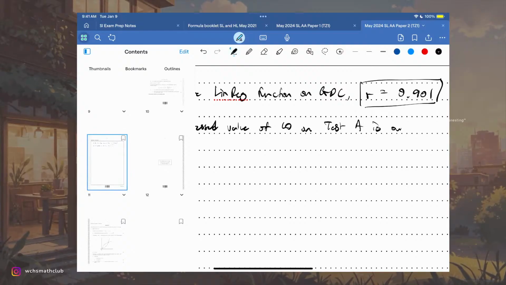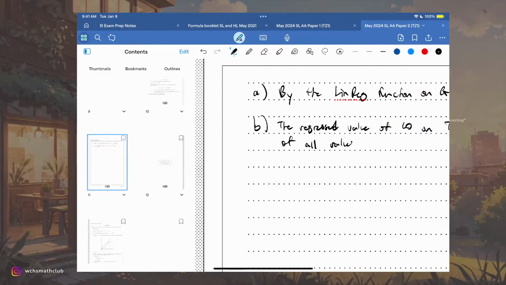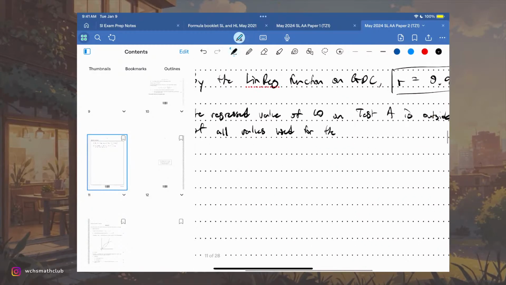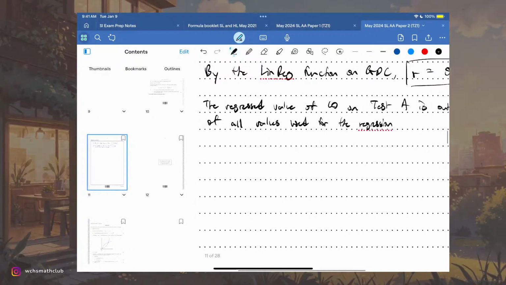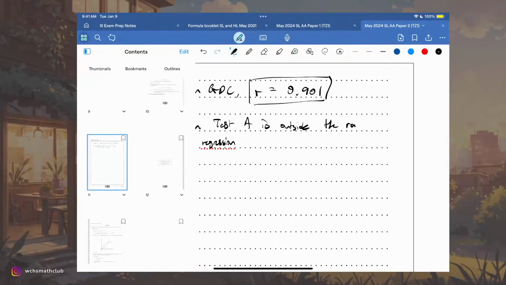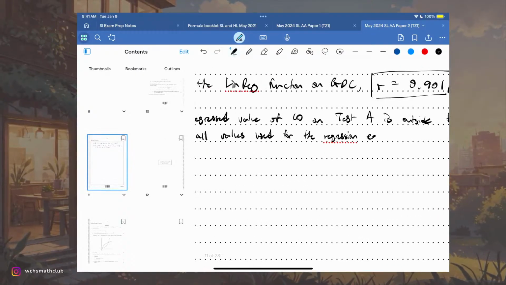is outside of all values used for the regression equation.